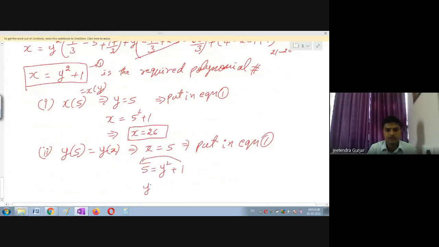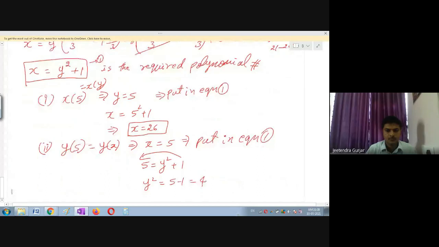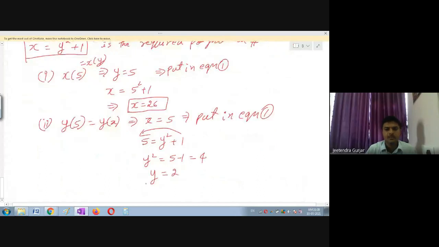So y square is equal to 5 minus 1, or this is 4. So y is equal to 2. Yes, friend. So you can see I have calculated x is equal to 26. This is our answer for first case, and this is for second case, friend.